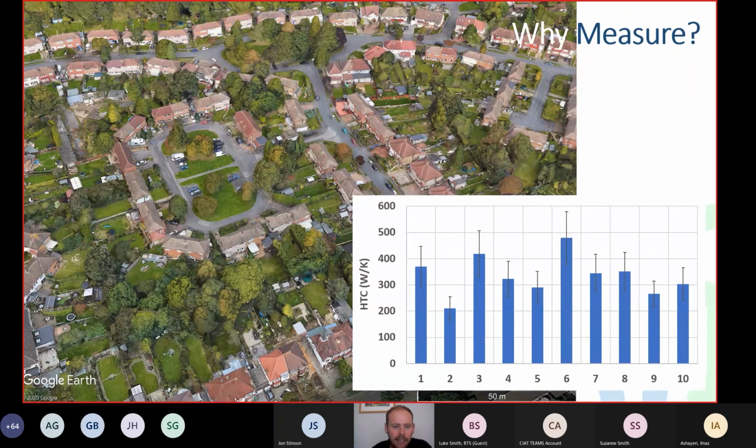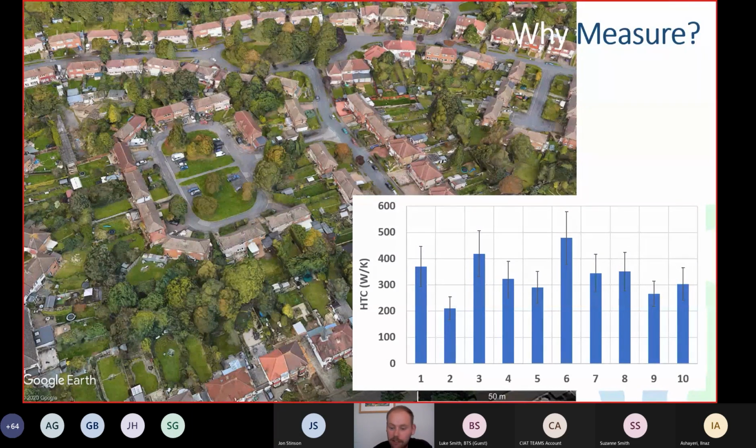So here's a little example of why it's a nice idea to measure. This is an estate of houses in South London that I visited a few years ago and measured the performance of 10 of them. They're all built at exactly the same time, pretty poor solid walled properties, but ostensibly all exactly the same.